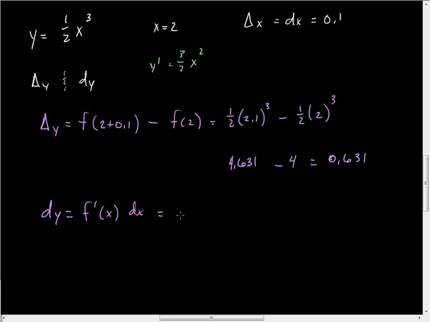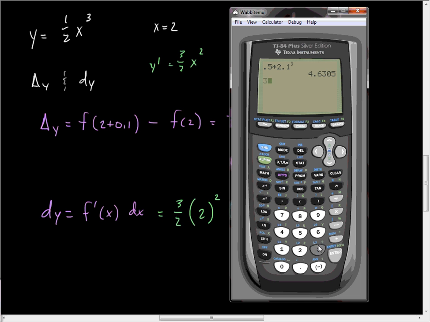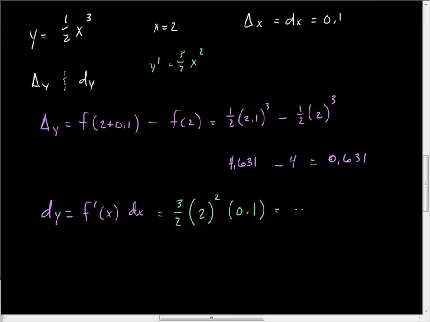And so this is going to be 3/2 times 2 squared times 0.1. So we take 3 divided by 2 times 2 squared, and multiply that by 0.1. That's 0.6. And so that's not too bad.